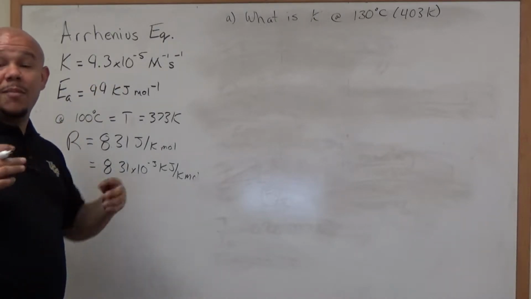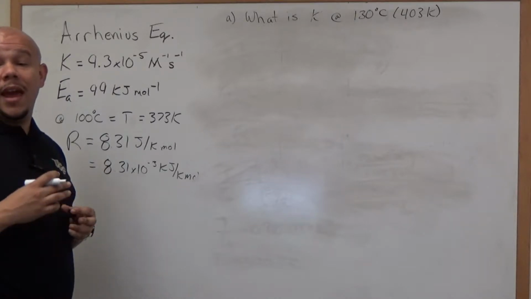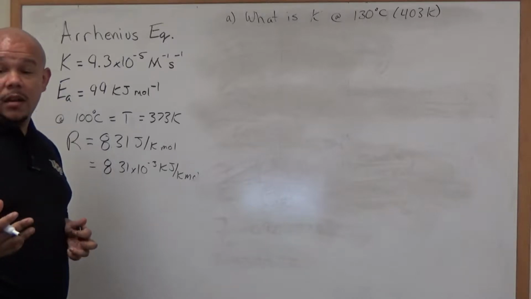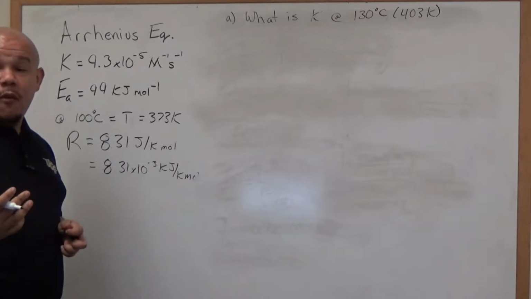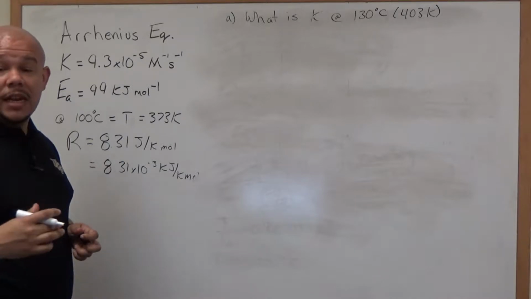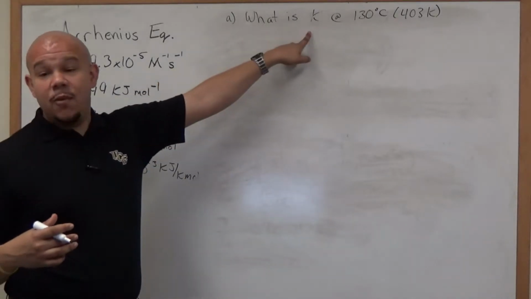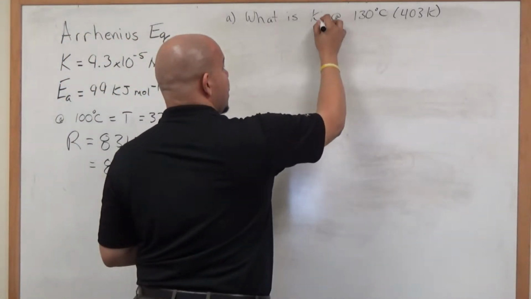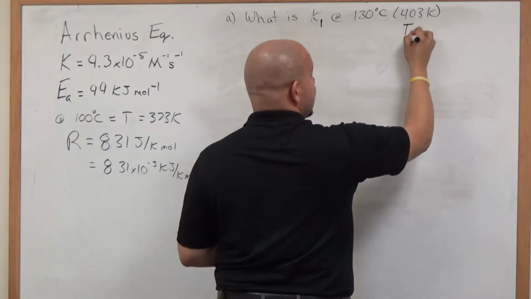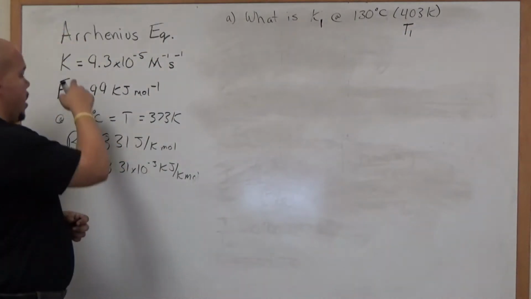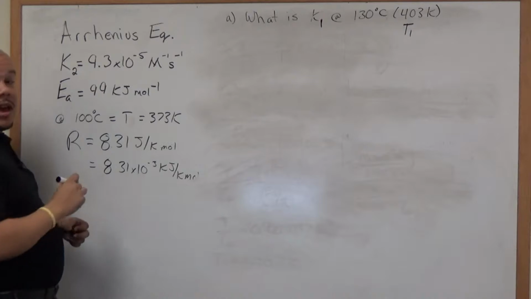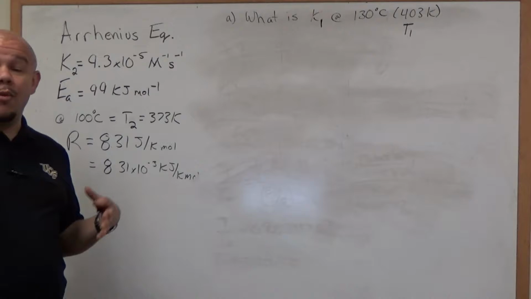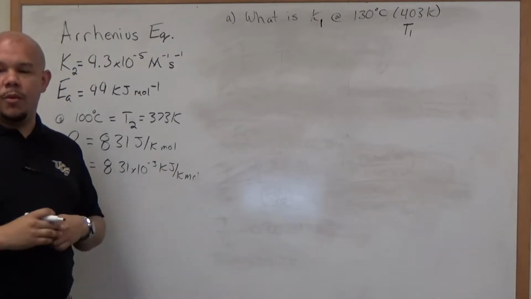One thing that you're going to have to be able to do is to manipulate and rearrange equations. So I'm not going to show the rearrangement of this equation, but I am going to be solving for K1, meaning I want the K that we're looking for to be K1. It's just going to make the math a little bit simpler. So if we make this K1, then this has to be T1, which means that over here, our starting information has to be K2, and therefore the temperature that we were given is T2.